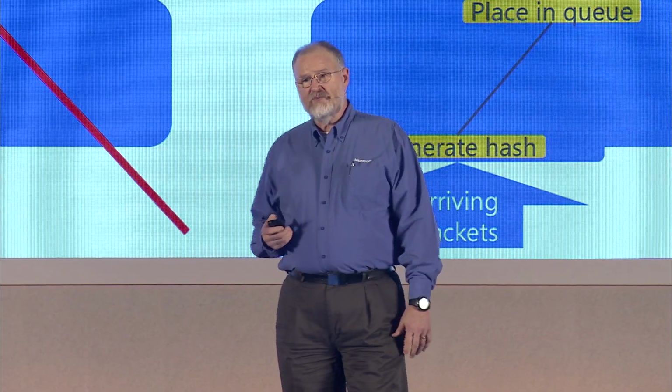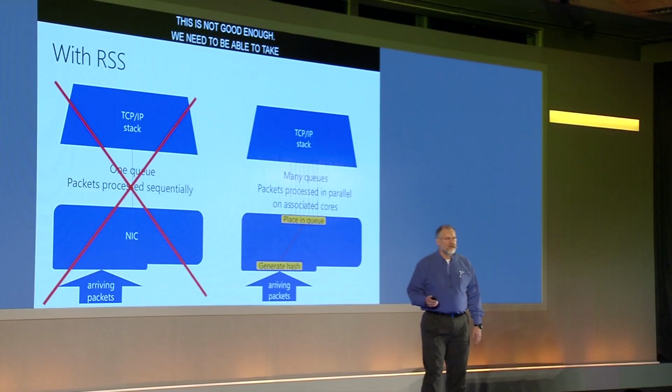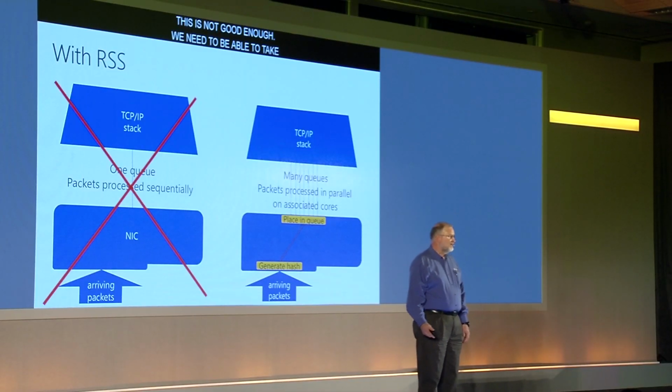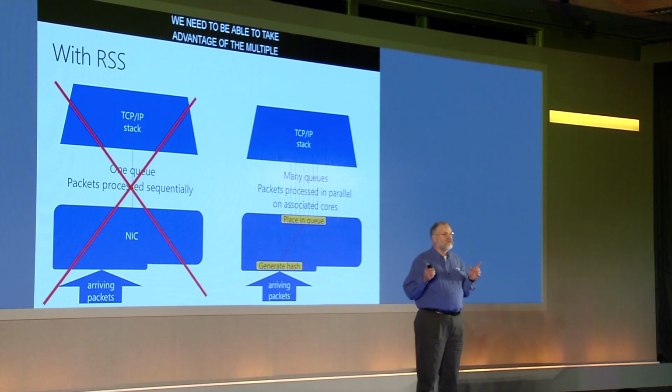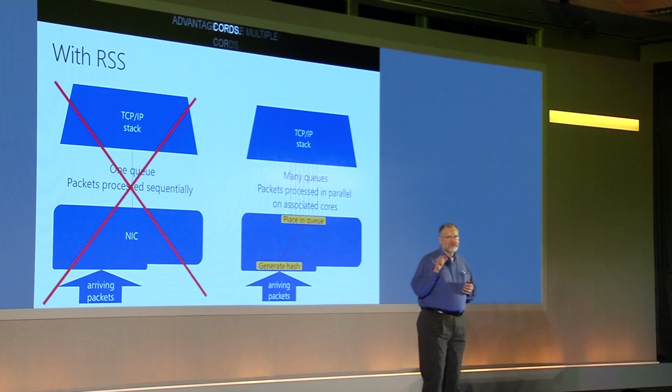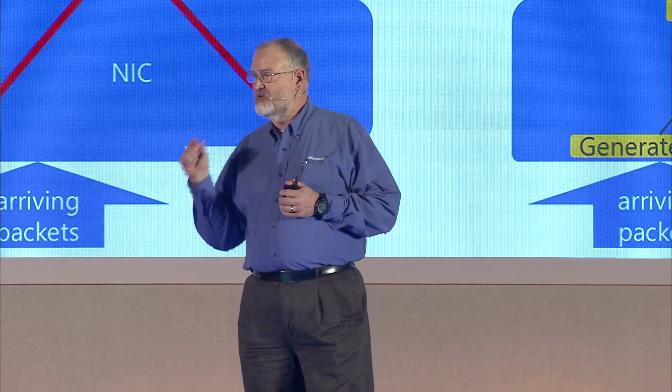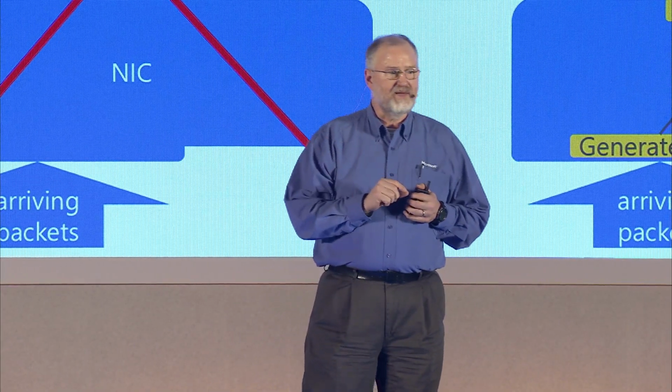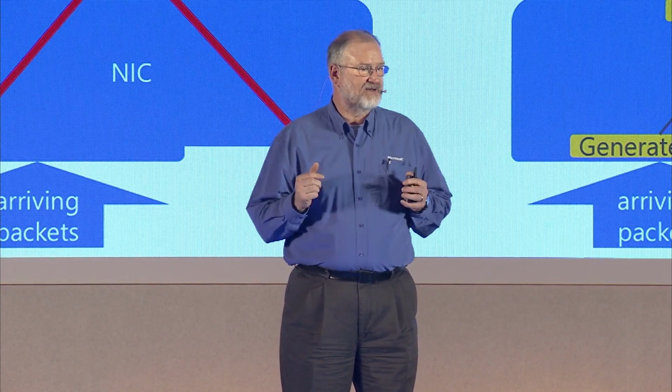And so what we did was we said, with receive side scaling, we will hand you, NIC, a set of interrupt vectors. And we want you to use multiple queues. Whenever a packet comes in, calculate from the packet header which queue it belongs in and stick it in that queue. And all of the packets associated with a particular connection will always end up in the same queue because that's how the calculation works.